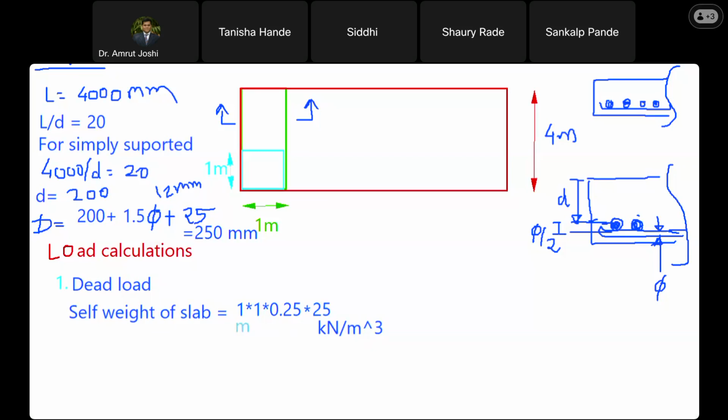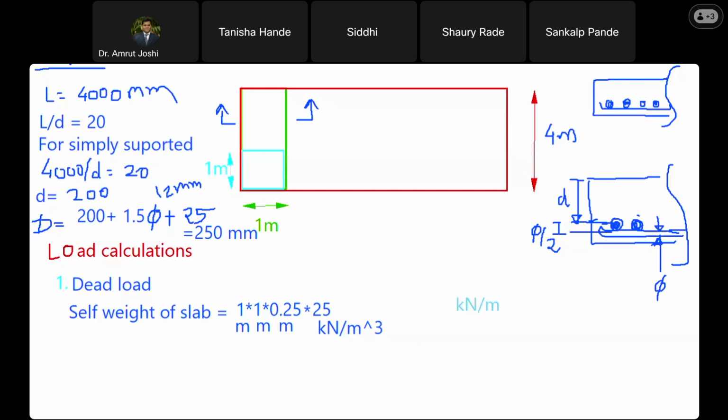And this 1 meter? Meter. And the unit of thickness? It is also in meter. Are you with me? Yes, sir. So what is the unit of this entire quantity? It should be kilonewton, but you have to understand that this is going to repeat every 1 meter. Are you with me? Yes, sir. So therefore its unit we write as kilonewton per meter. Happy?